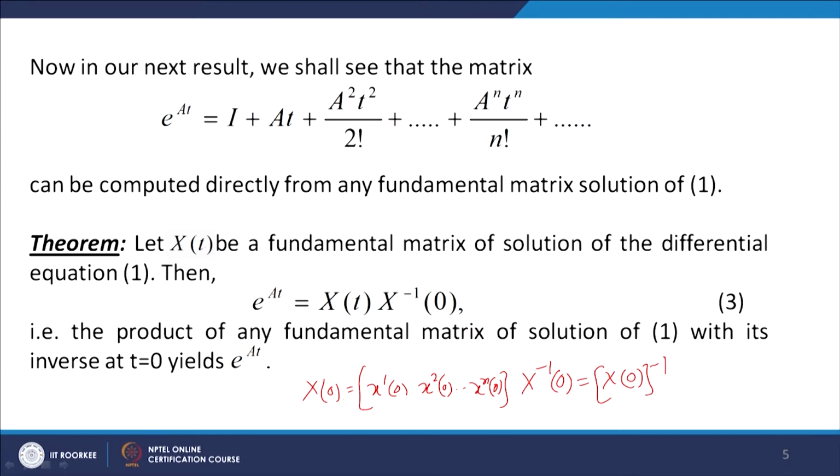So, this n by n matrix you will get, you find the inverse of this X(0) to get X inverse(0). So, in order to determine the matrix e to the power At, we need to know a fundamental matrix of the vector differential equation and then the inverse of the matrix X(0). The product of the two will then give e to the power At.